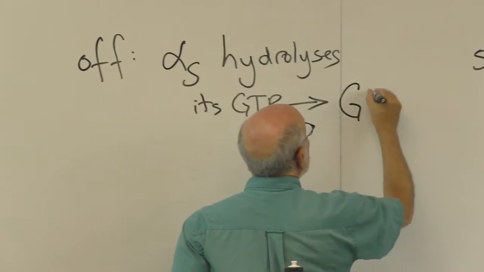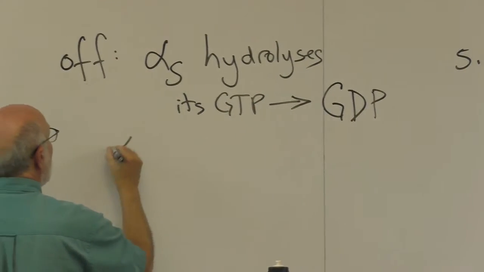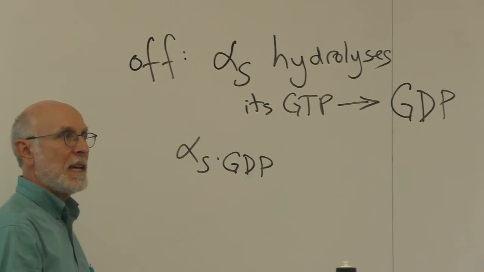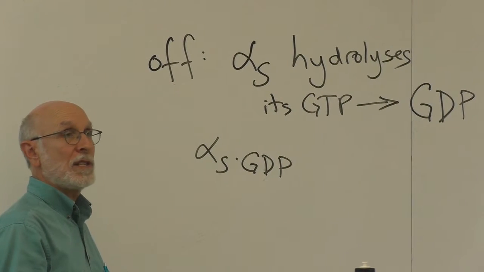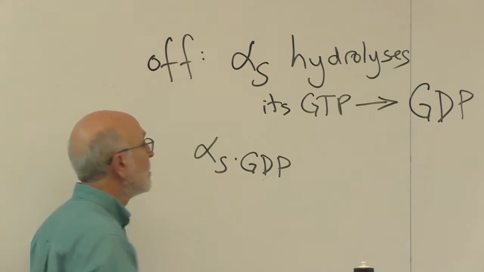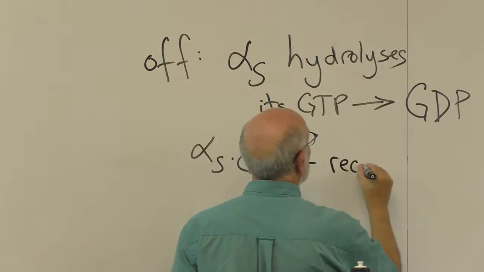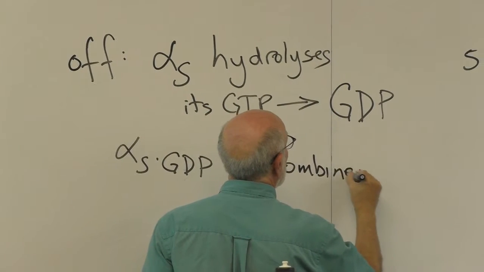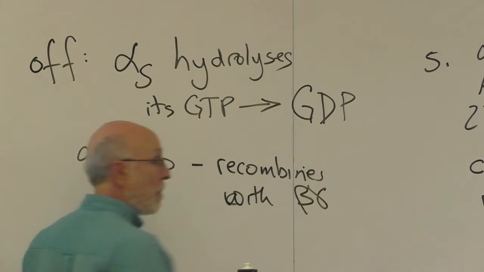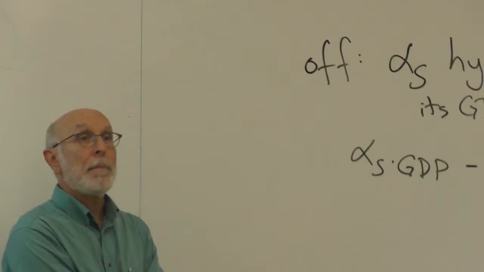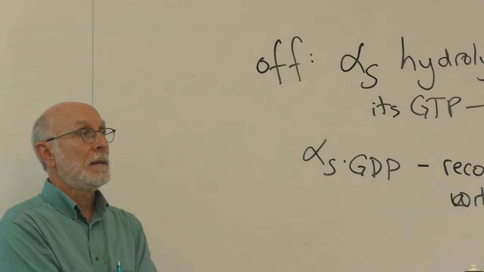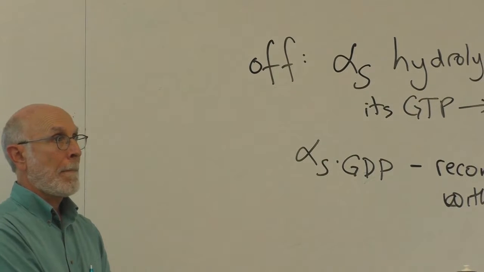So now we're in the GDP ligand state. Alpha S GDP is in the off state, and what does it do when it encounters a beta gamma? Binds it, recombines, thereby terminating whatever signaling the beta gamma might have been doing, because it's now occupied by the alpha and not free, not liberated anymore.